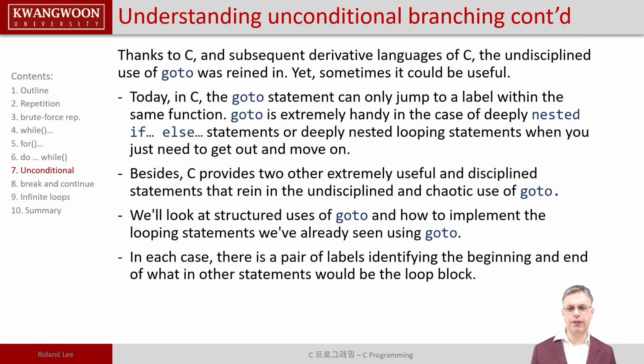The creators of C felt that there was occasionally, albeit rarely, a need for goto, and so they left it in the language. In C, goto is highly constrained in terms of where it can go to.